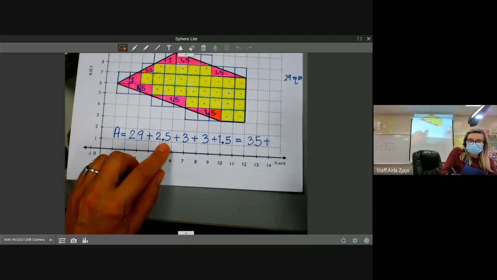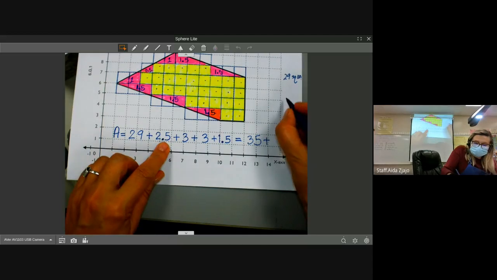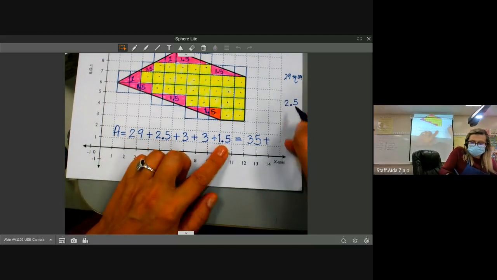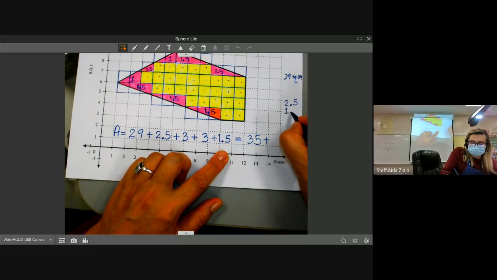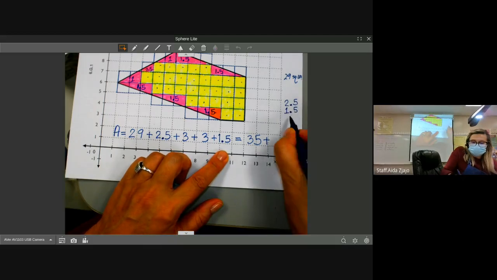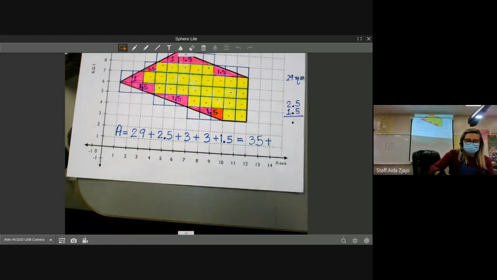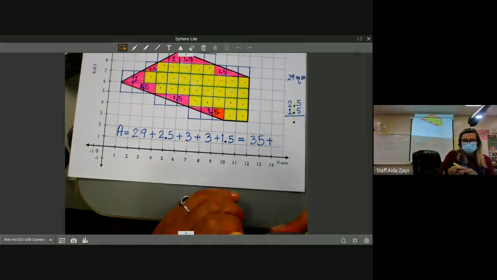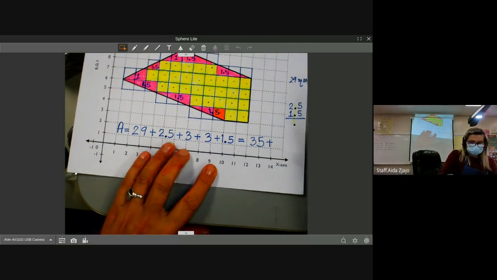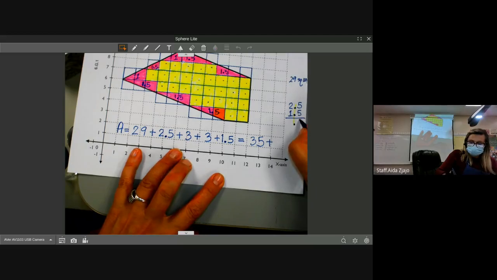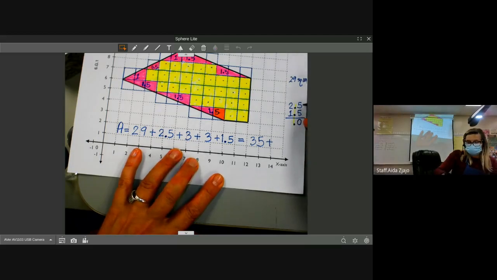So I can put them on the side if I want to. So 2 and 5/10. And when I'm adding decimals, I need to do what? What is important is to carry down the decimal point, and line up my decimal point, so I can get 2.5 and 1.5, which is 2 and 5/10 plus 1 and 5/10.